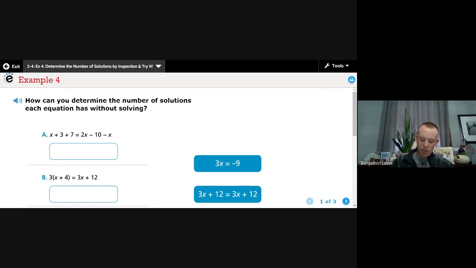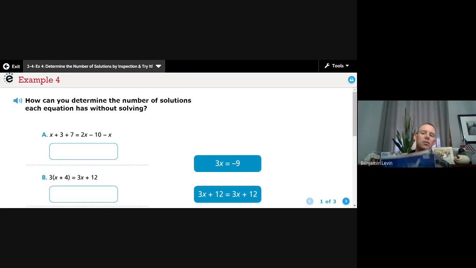So that would be page 110. That would be page 110 in the workbook.